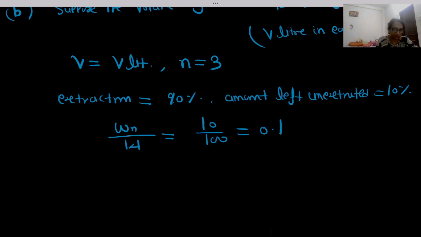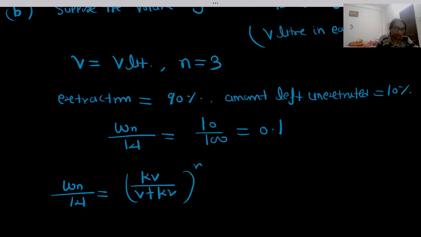Putting this value in the formula, the formula is Wn upon W is equal to Kv upon V plus Kv to the power n.